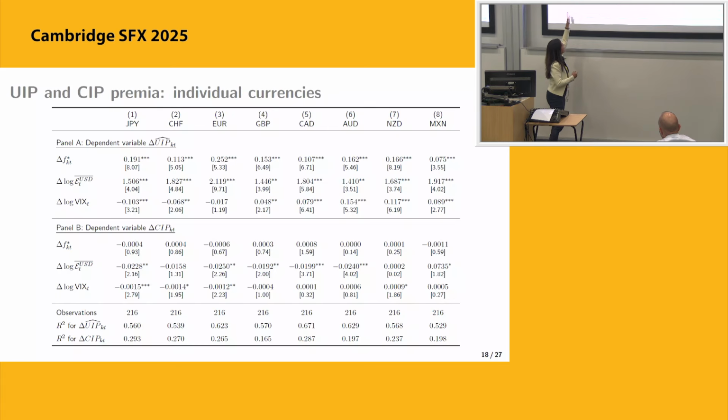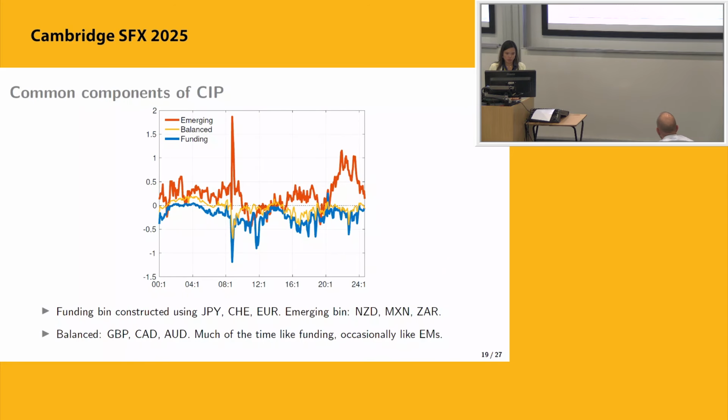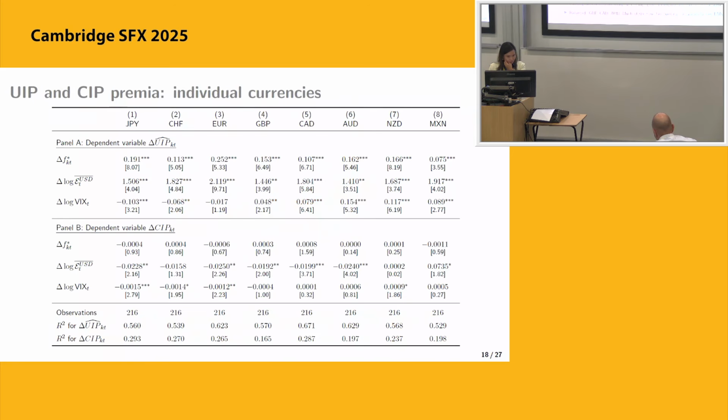And that's exactly what we see. Here, I order the currencies according to their A. So here are the funding currencies, and here the investment currencies. And you see how the coefficient goes from negative to positive. There's a gradient as predicted by the model. And it will hold with other measures of mu as well.